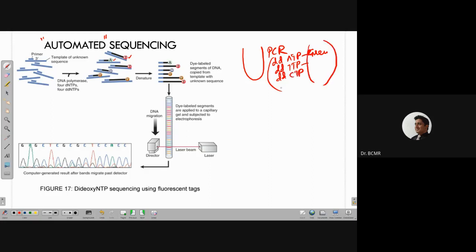Dideoxy CTP, dideoxy GTP. Each of these dideoxy nucleotides is labeled with a fluorescent dye. A can be green, T is red, G is orange, and I think C is purple or so. That's not the color exactly, but for understanding purposes, I think blue is good.